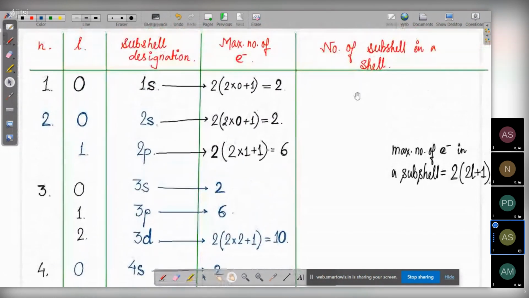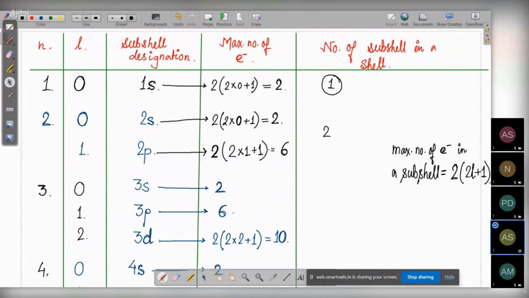So now if you see the number of subshells in a shell, that means the first shell, that is n is equal to 1, has only one subshell, 1s, that's it. Only one subshell is present in the first shell. But you see, for the second shell, that is for n is equal to 2, we have two possible subshells, 2s and 2p.